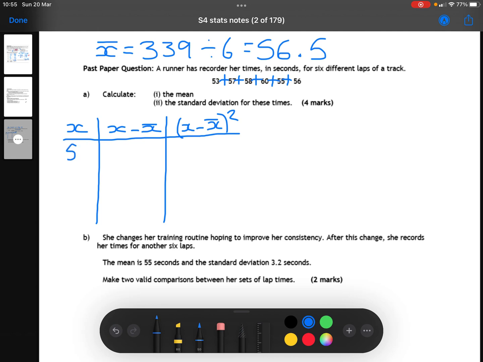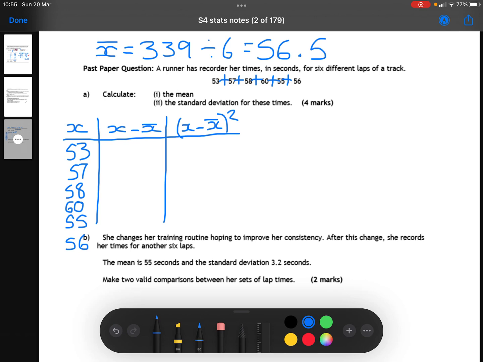Values of X then, 53, 57 are the ones that we have already in the question. So 58, 60, I might not be able to fit these in here, 55, and 56. I'll just put that one in there and I can try and squeeze it in.